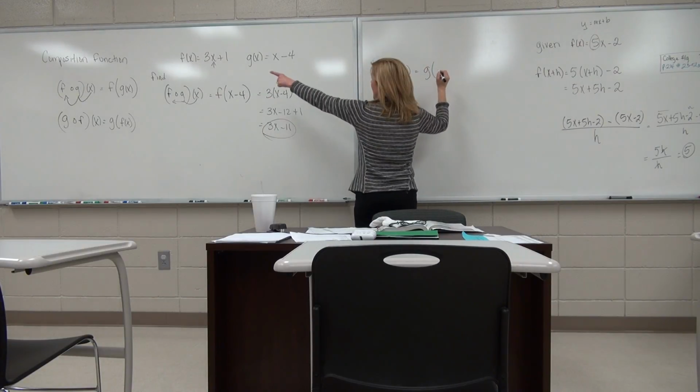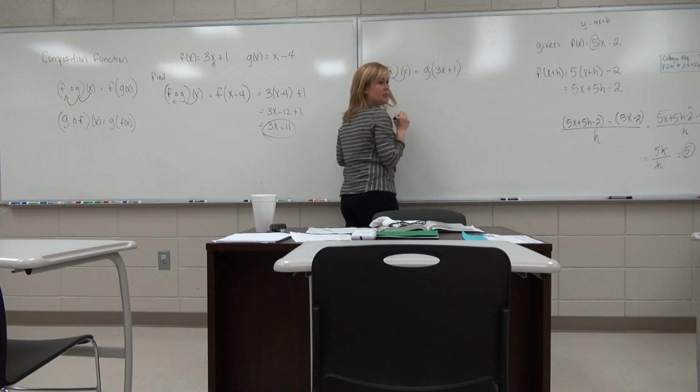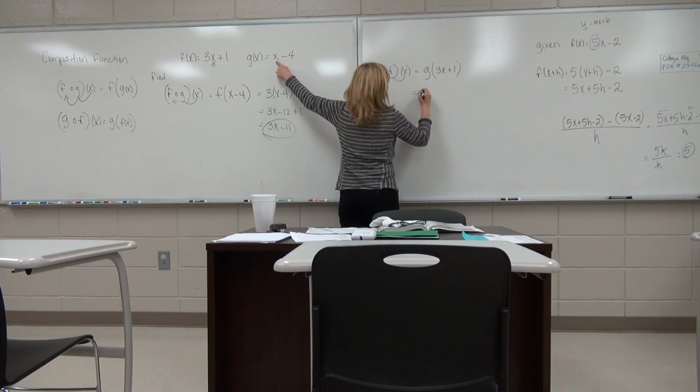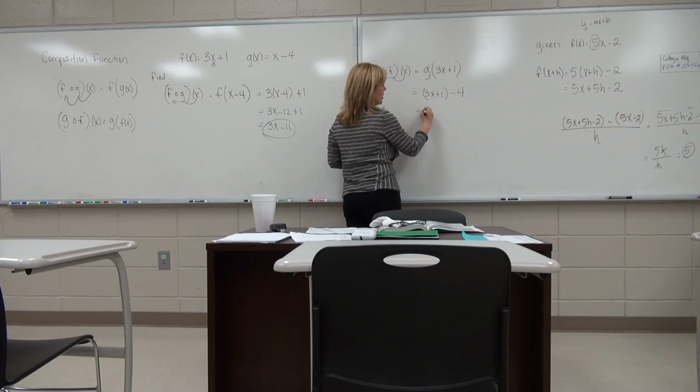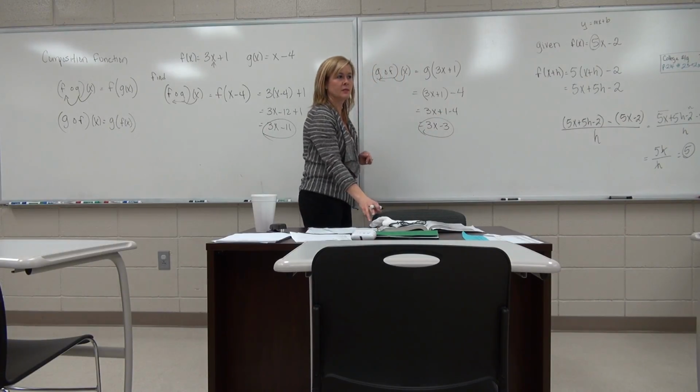Well, what is f of x equal to? 3x plus 1. So I need to put that in place of this x in the g of x function. So that'll be 3x plus 1 minus 4, which is 3x minus 3.